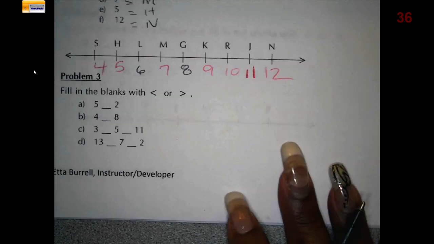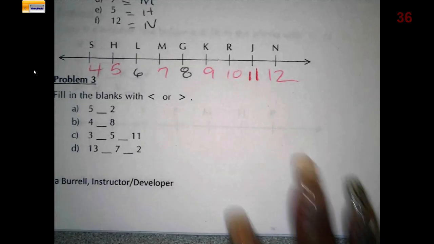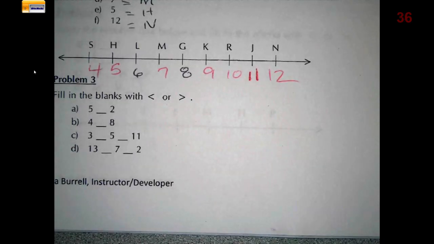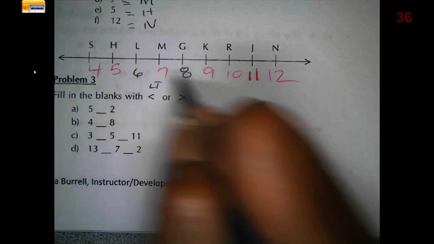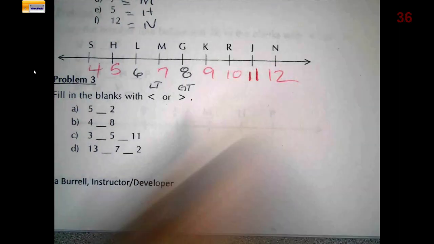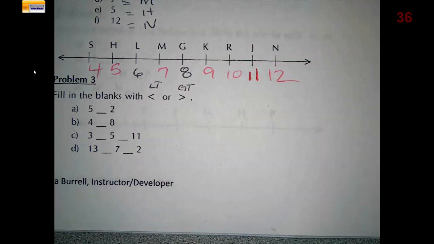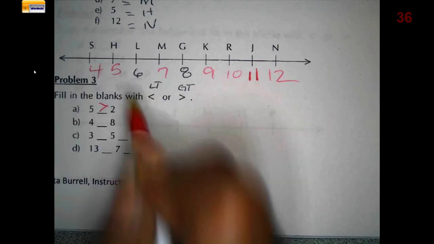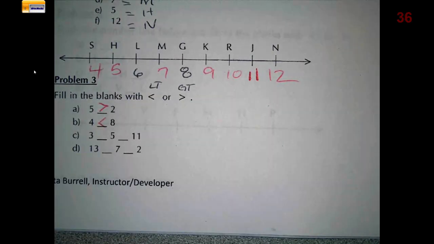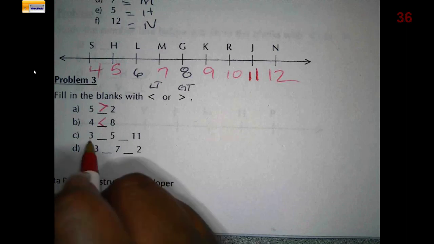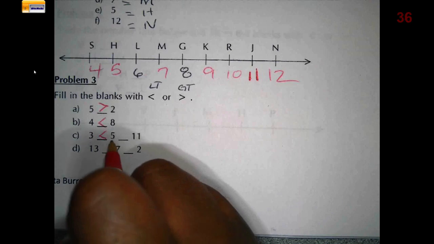And then what symbols are we going to use on problem number 3? Well, this one is less than, and this is greater than. So what symbol should I put for A? What about B? What about C? 3 is less than 5. 5 is less than 11.